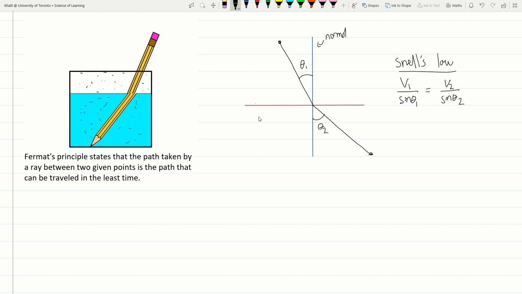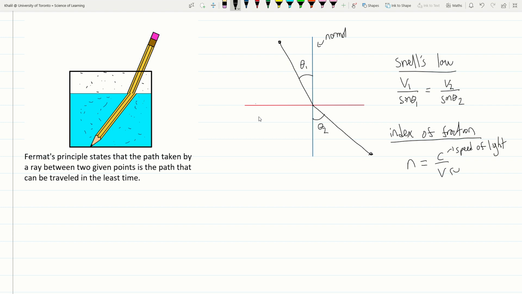And we can sort of rearrange this using the index of refraction. And index of refraction is a fancy term stating that we're creating some n that is equal to c over v, where c is the speed of light in a vacuum. This is the speed of light we're all familiar with when we learn about light that travels as a wave.